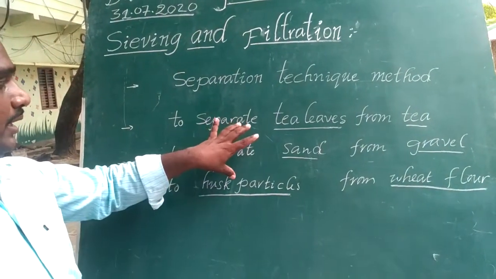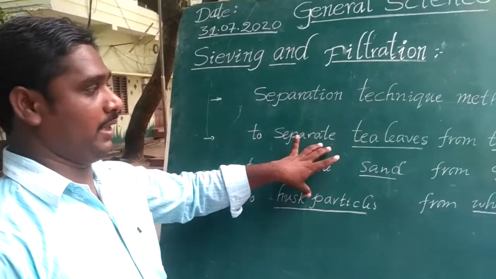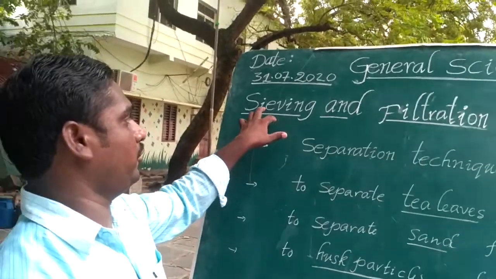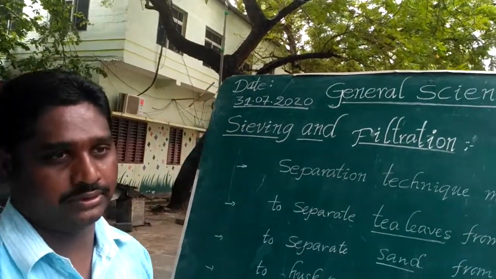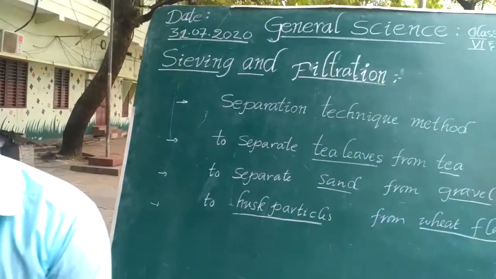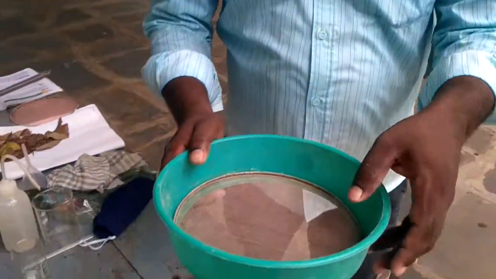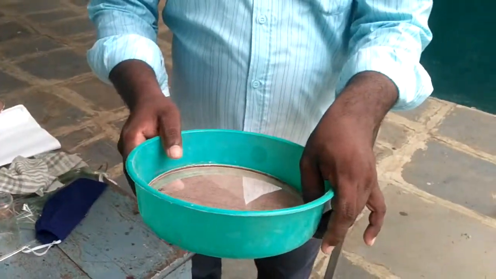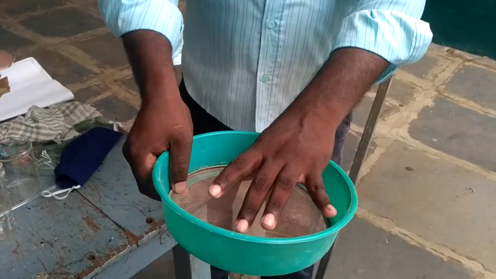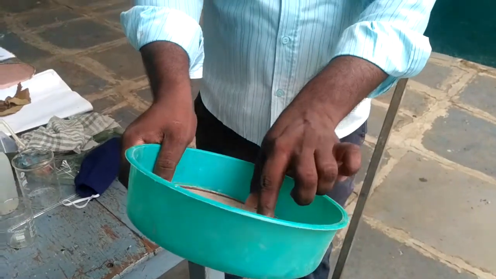In this separation method, we generally use sieves. Now look, this is the sieve. A sieve consists of a number of tiny holes.